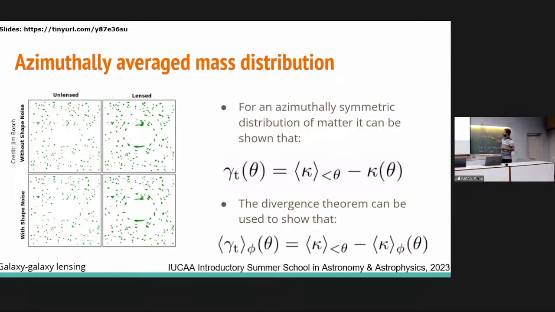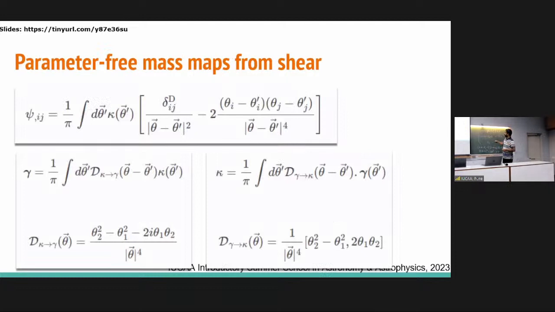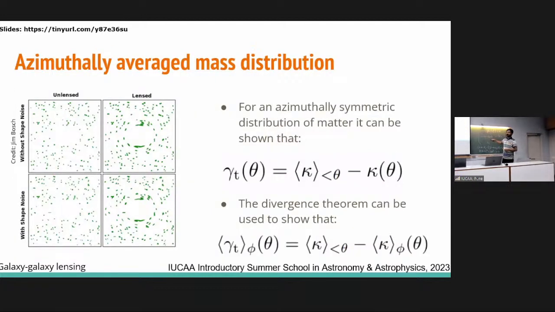But when you are not in azimuthally symmetric distributions, you can show nevertheless that if you take kappa of theta, phi and average over the phi distribution at a particular distance theta, and subtract that number from the average inside, then you get the tangential shear average.